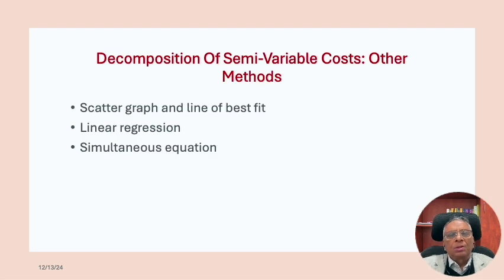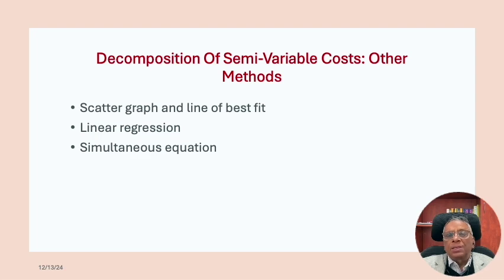which we can call the econometrics method, or we can say the statistical method. So, scatter graph and linear regression are the statistical method or econometrics method, but the accuracy improves only when we have a large number of data. With 12 data points, perhaps the accuracy does not improve or change much from the simple method of high and low.